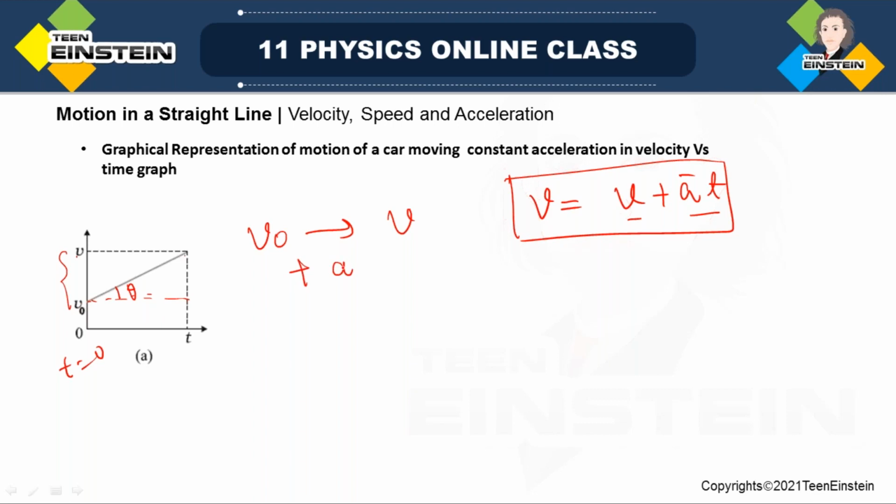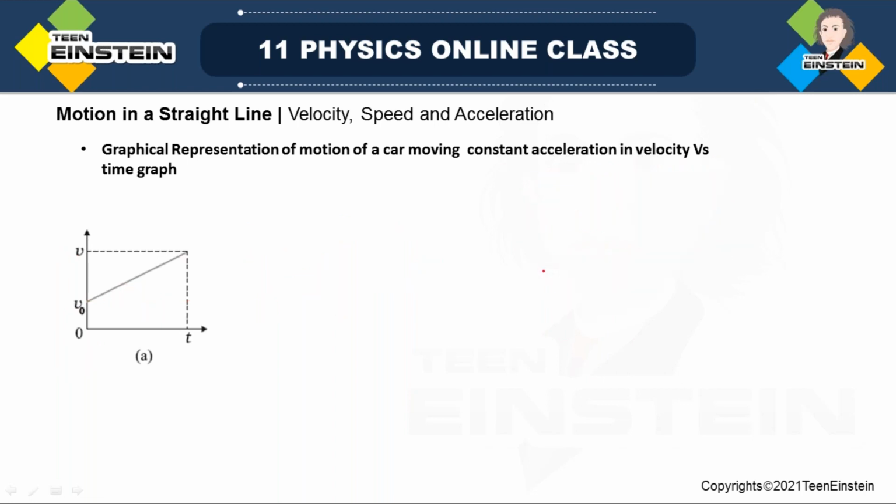That means it has positive acceleration. It is moving with positive acceleration, and the acceleration is in the positive direction. So for the case of positive acceleration, velocity increases.